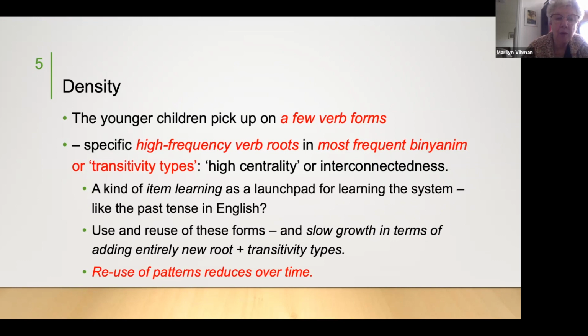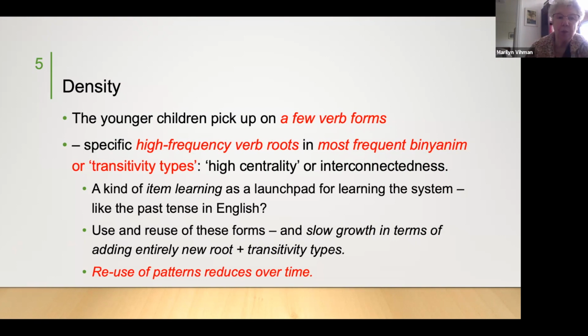And they have what the network analysis calls high centrality, which means each of the links between roots and particular conjugations are themselves connected with a lot of other roots and conjugations. So each element in the system is highly connected, and that makes a very dense cluster of connections.